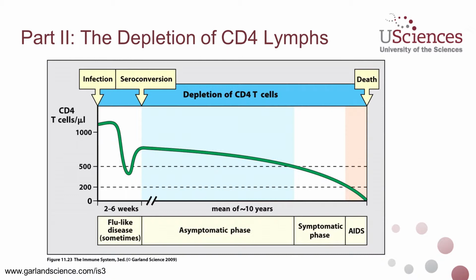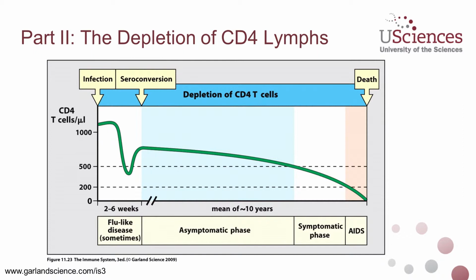So this next slide shows you the graph of the depletion of CD4 lymphocytes over the course of the HIV life cycle and the course of the disease, which eventually leads to AIDS. And if you look in the beginning, when you first become infected with HIV, you have 1,000 or greater CD4 T lymphs per microliter of blood.